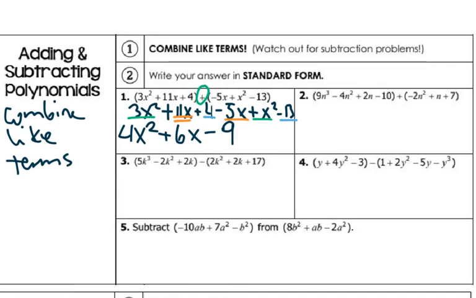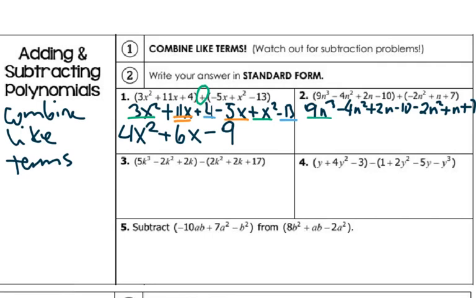Try example number 2 on your own, pause the video. So here we have 9n cubed minus 4n squared plus 2n minus 10 minus 2n squared plus n plus 7. Start combining with the highest.